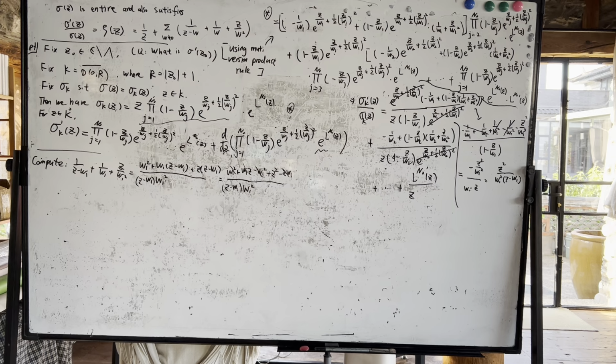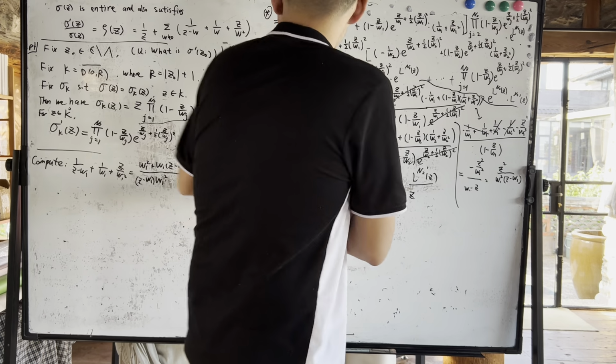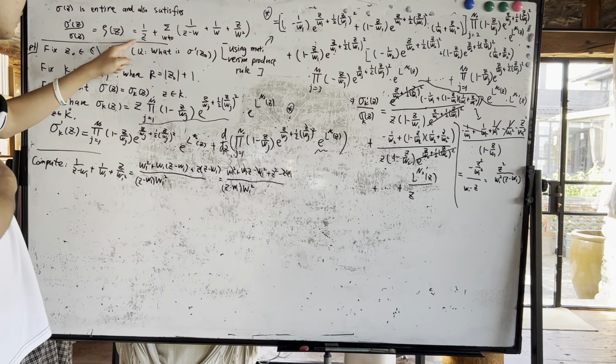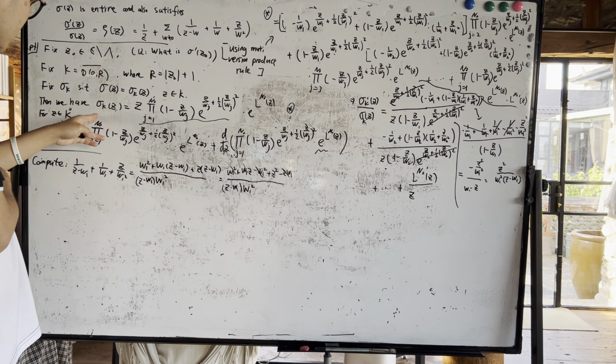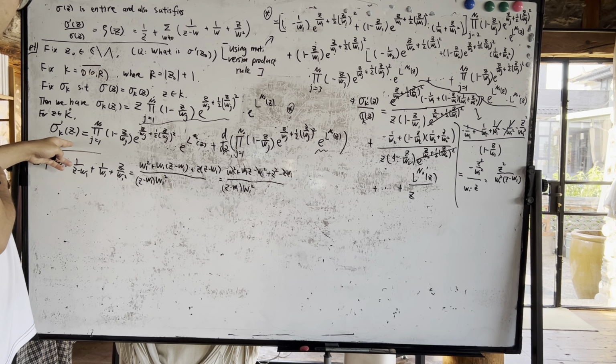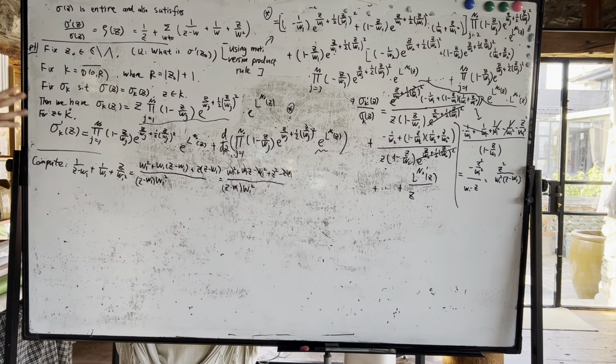I think I made another mistake here, because this matches this term, but where does this other term come from? When I take the derivative of this one, oh yeah, actually I didn't make a mistake.